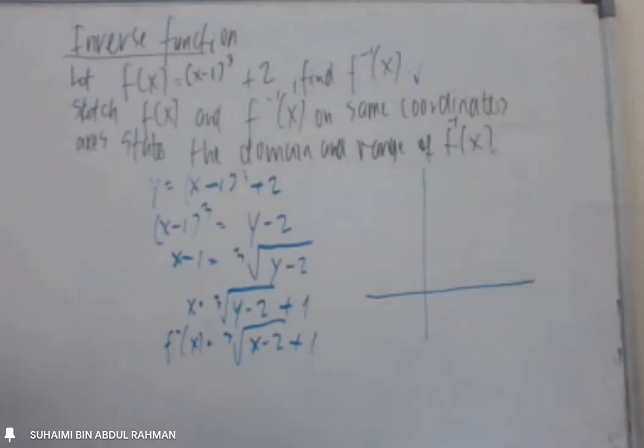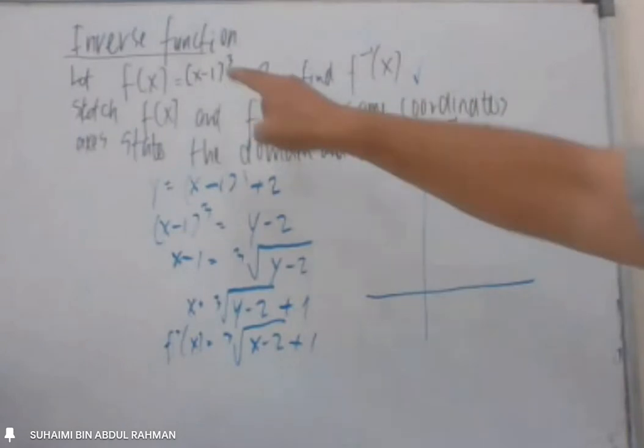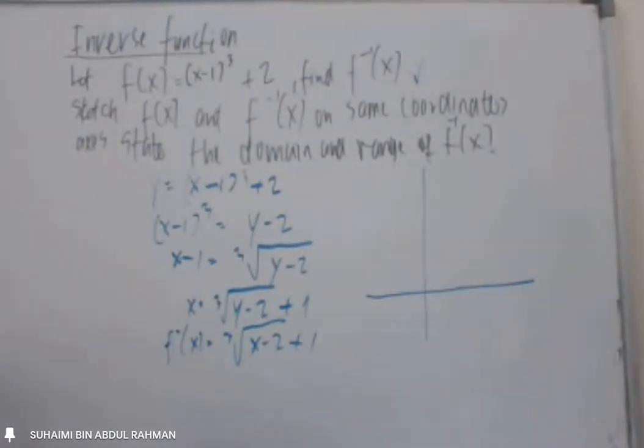We see that it's (x minus 1) cubed plus 2.